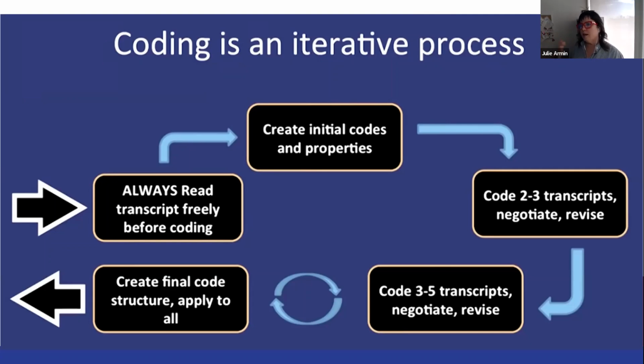So you do that a number of times where you're coming back together, establishing inter-rater reliability with your team and making sure that everyone is using the codes in the same way. Then you create a final code structure, and your coding team can really apply the codes to the transcript or the content. And you can feel confident that the results will be consistent across coders.